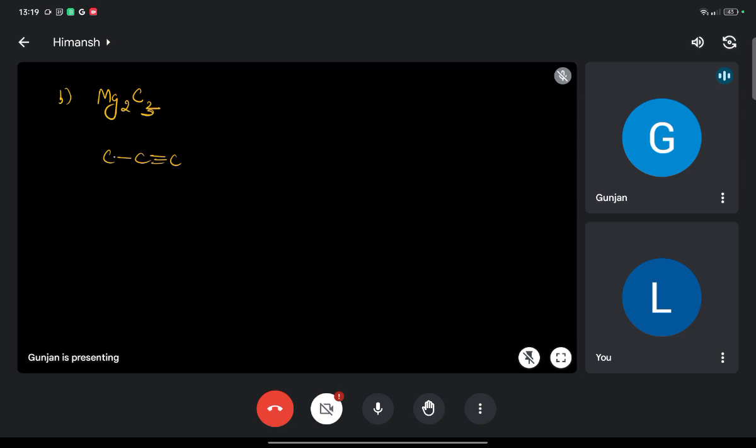This is negative, or either you can write it like this: 2 minus, so one Mg 2 positive, another Mg 2 positive. When we do the hydrolysis of it, it will convert to magnesium hydroxide. Got it or no? I got it, ma'am.